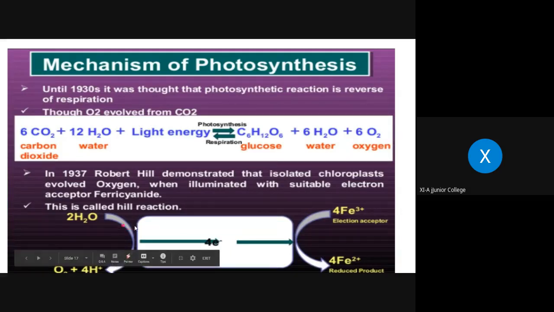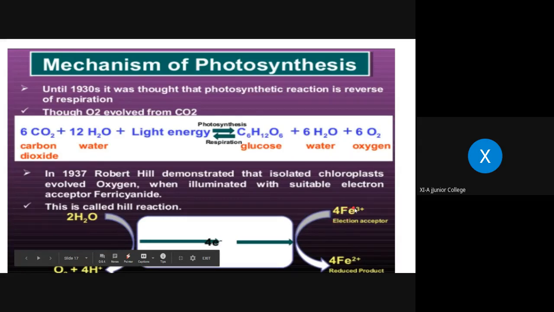So when in his experiment he used water, what happens when splitting of water takes place? You know the formula of water, H2O, that is made up of H and OH. So from H, when electrons are released, these electrons were accepted by the electron acceptor, that is ferricyanide, and that got reduced to ferrocyanide, that is the reduced form of Fe.